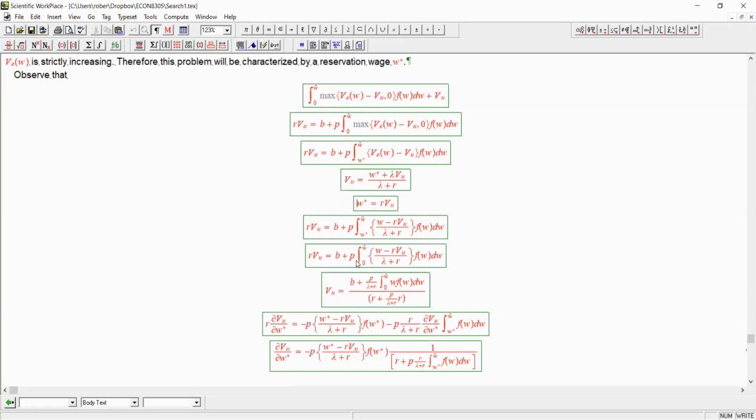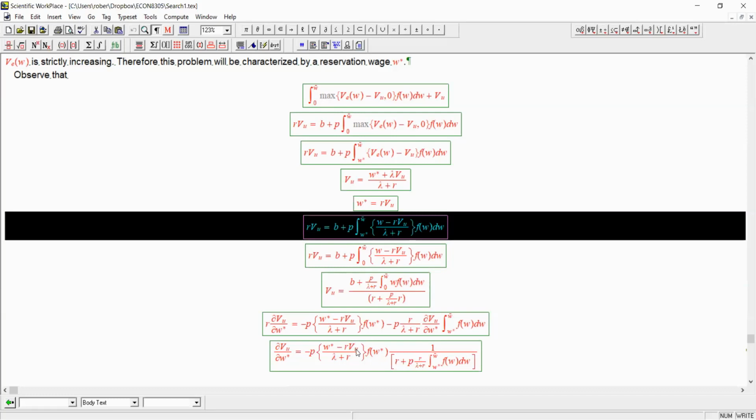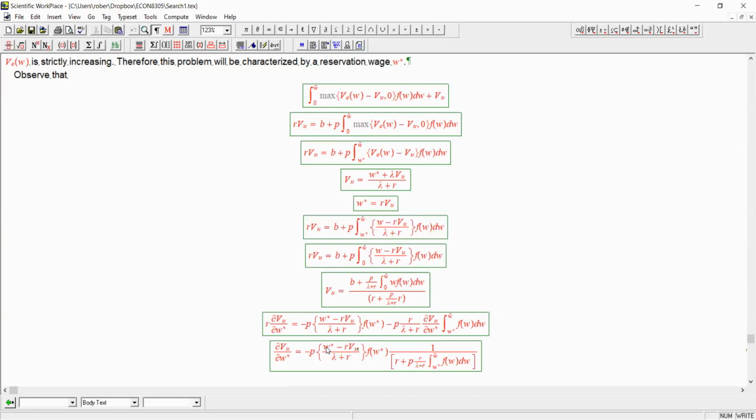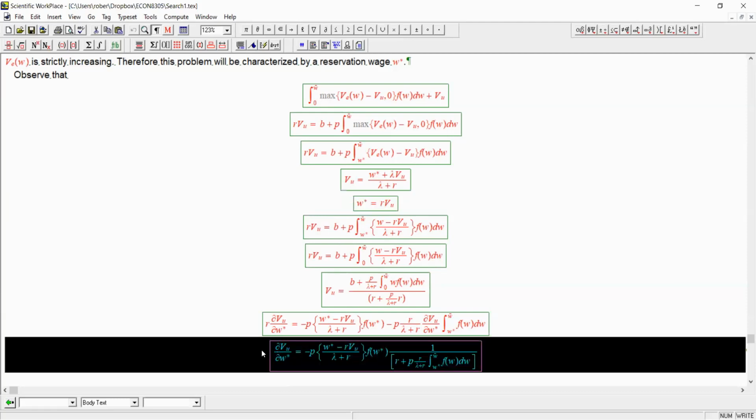This line crosses the origin, but this one at the origin, as we showed here, is positive. Therefore, starting out from 0, the derivative of VU as a function of W star is positive. If we ever cross the line, however, then this will be negative because it flattens out. And so that means that we will be able to cross these two lines at most once.